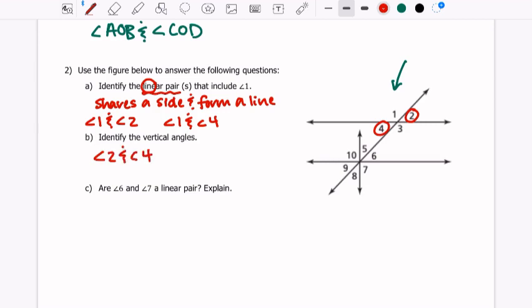Okay, so for this question, why don't you go ahead and find the others, and we'll talk about that in class. Okay, and then question 2C, it says, are angle 6 and angle 7 a linear pair? So here's angle 6, here's angle 7. I'm not going to answer that in this video. I want you to go ahead and think about this one as well, and we'll answer this in class.